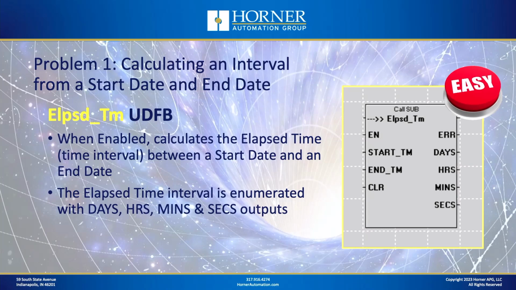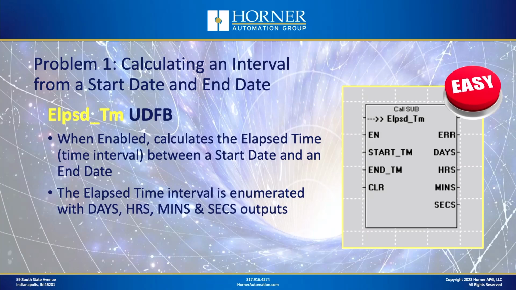All right, so let's take a look at that UDFB on the screen. Effectively, when it's enabled, it will calculate elapsed time, or the time interval, between a start date and an end date. The way it enumerates that elapsed time is that it provides information in days, hours, minutes, and seconds between those two dates.